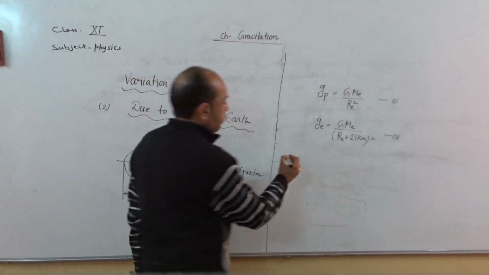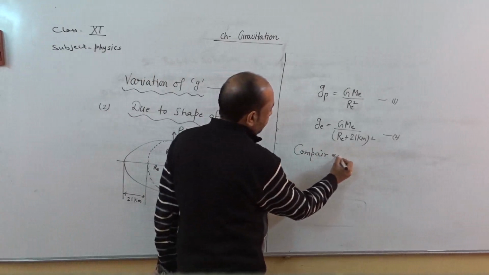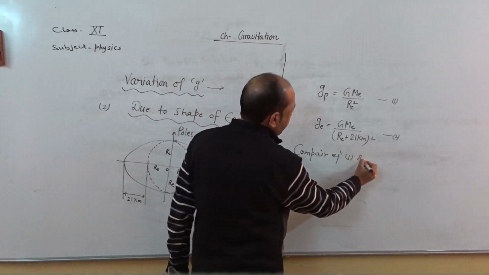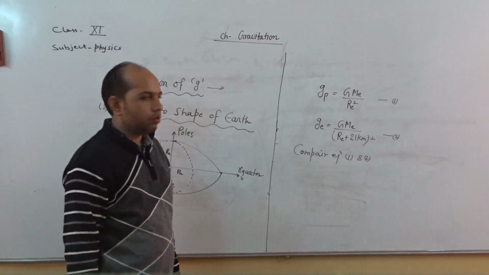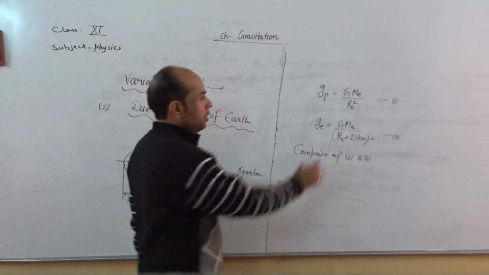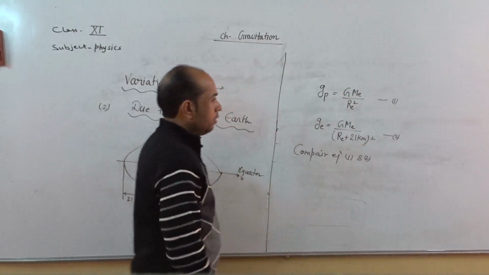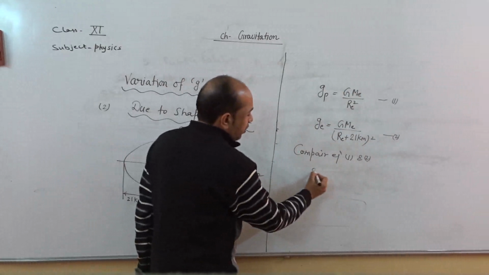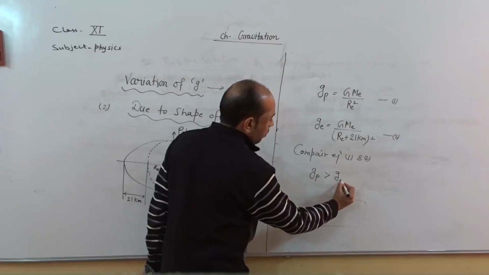Now if we compare equation first and second, we may conclude that because of the denominator part, the numerator part remains common. So this shows gravitation acceleration at poles is more than gravitation at equator.